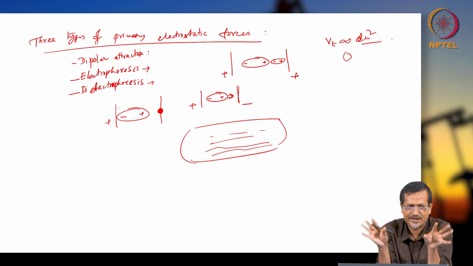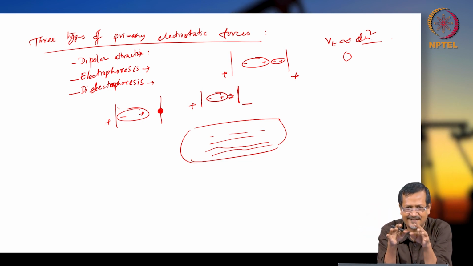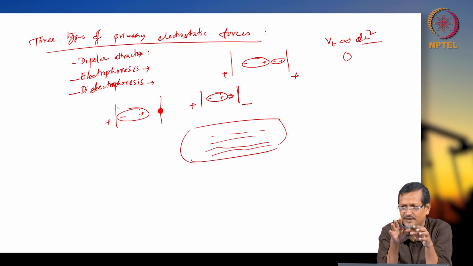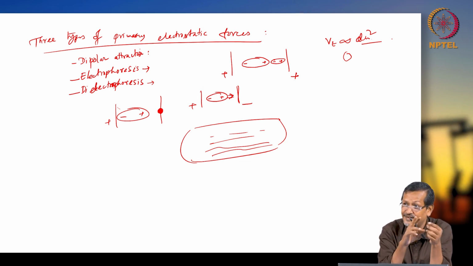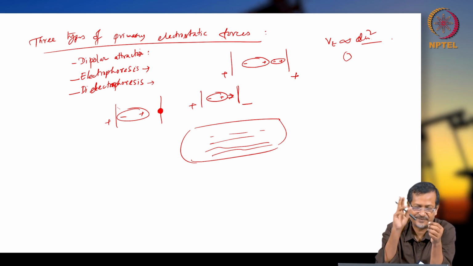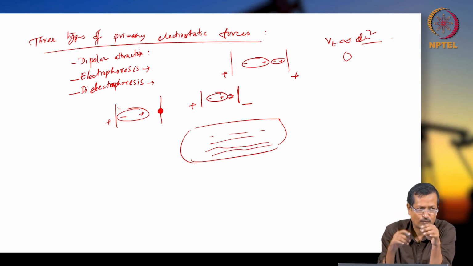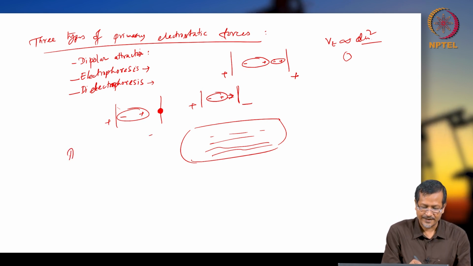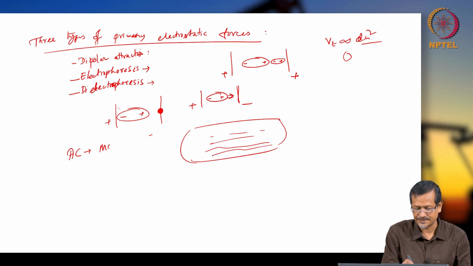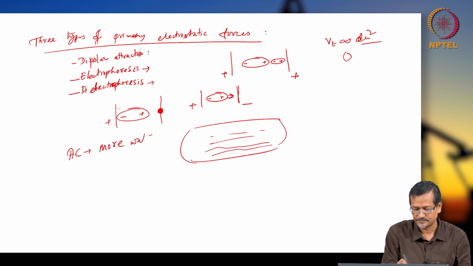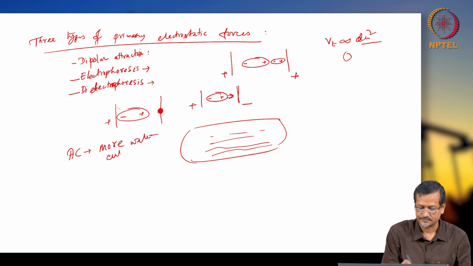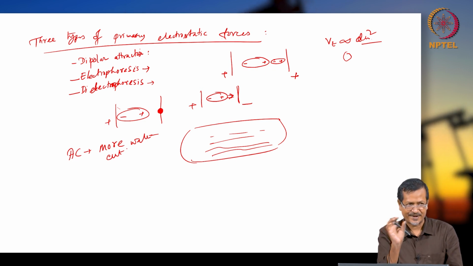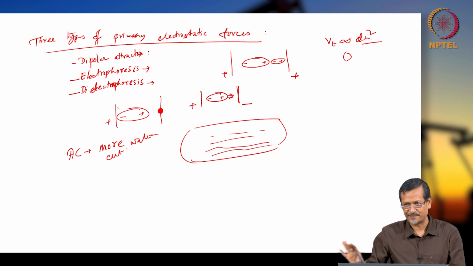You are promoting collision, changing particle size, and the particle automatically settles. When you are assisting with a heater treater, then the heater treater is changing your oil viscosity. So AC is used where there is more water cut, because particles will be nearby, resonating, colliding, making bigger particles, separating, done.